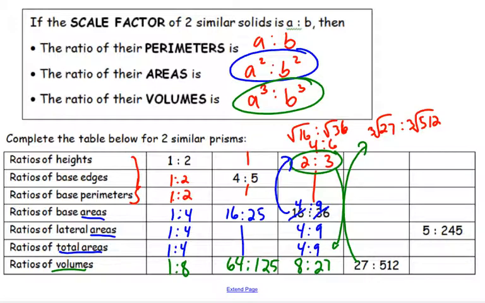Third button down, math, it's option 4 to get the cube root. Cube root of 27, you might have already picked up on that one, is 3. Cube root of 512, this is a new one for us, is 8. Squaring, 3 squared is 9, 8 squared is 64, and those would be my area ratios.